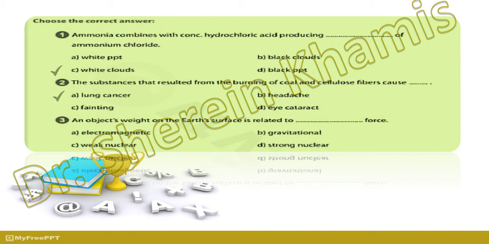Okay, let's go to question 3. An object's weight on the earth's surface is related to what force? Okay, we said that we have a natural force that attracts the body to the earth's surface. We have electromagnetic, gravitational, weak nuclear, and strong nuclear. We have kinds of natural forces.